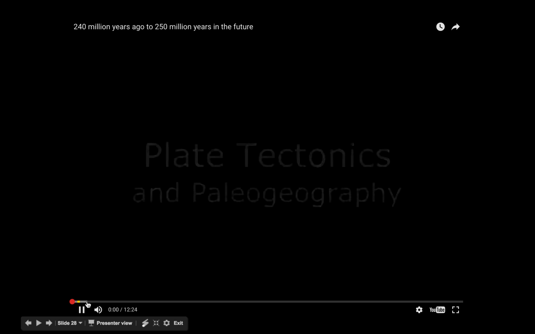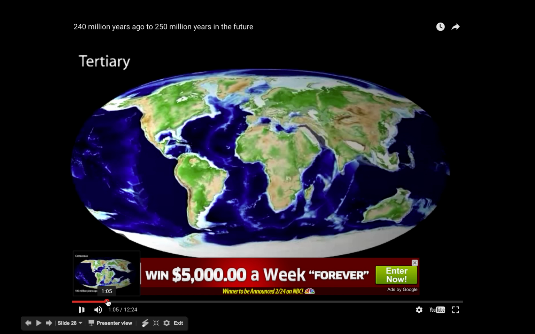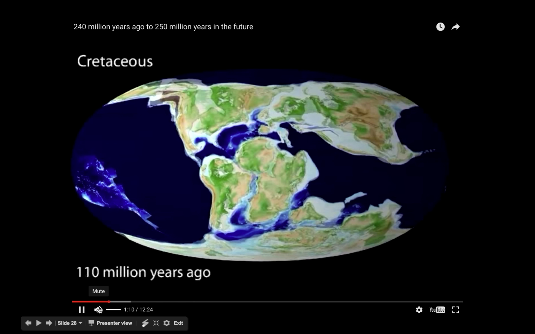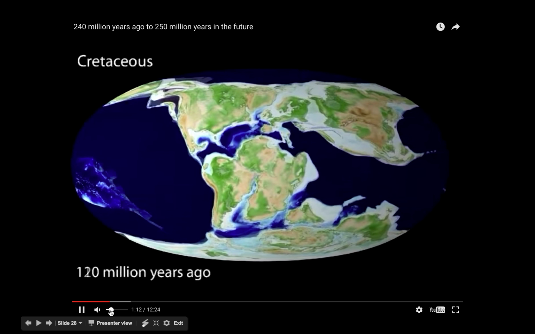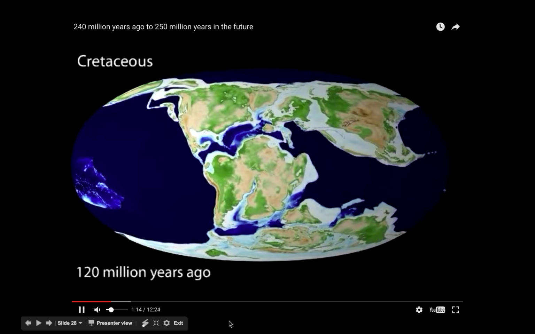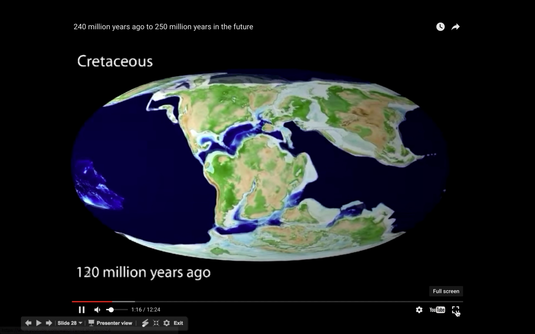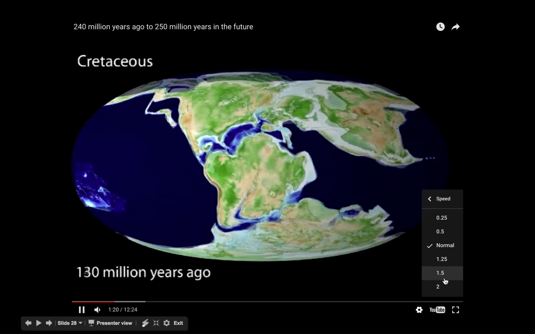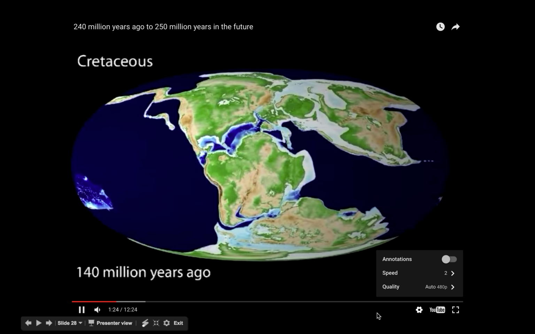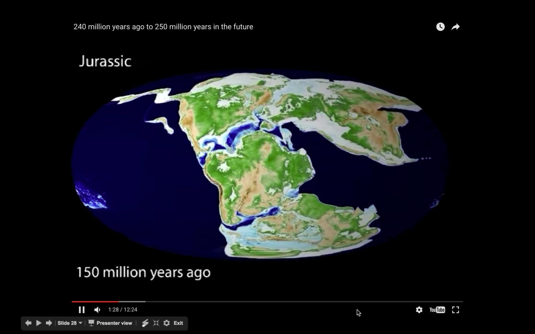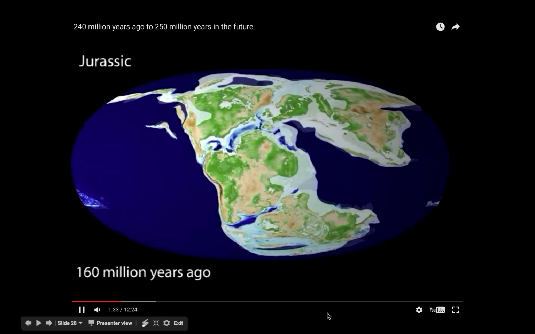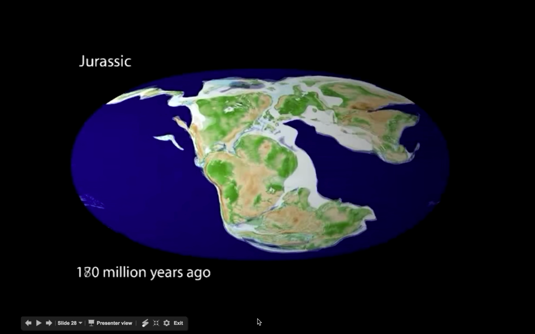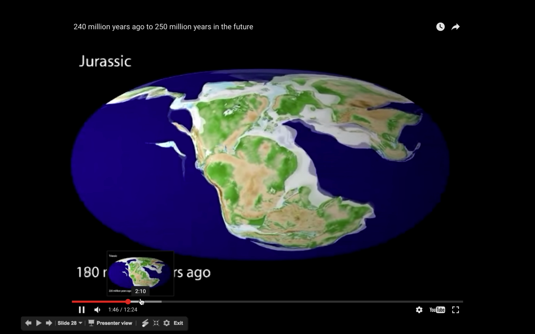And something I want you to pay attention to here is you've got the continents coming together. Let me speed it up for us. Okay, you've got the continents. We're actually going back in time still.